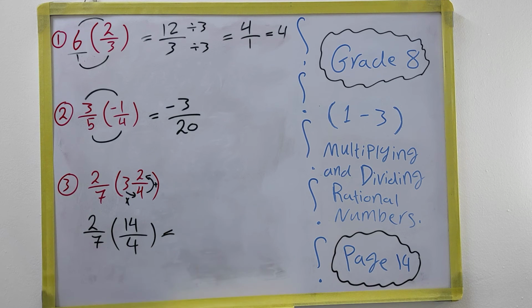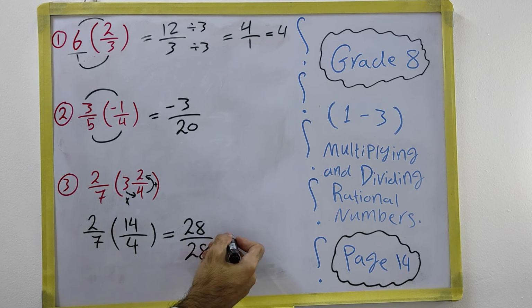Now how much do we have? 2 multiply 14, 7 multiply 4. 2 multiply 14, 28. 7 multiply 4, the same, 28. 28 over 28, any number over itself, 28 over 28, 20 over 20, 5 over 5, always the result equals 1.